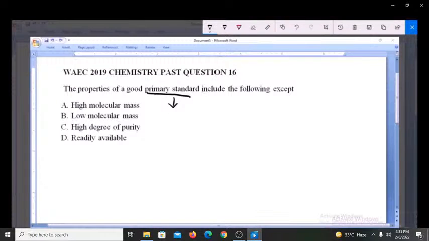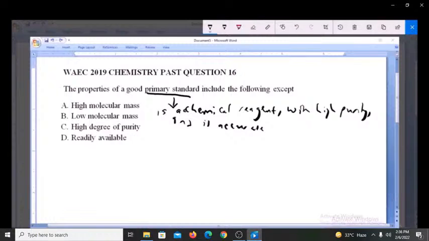A primary standard is a chemical reagent that has high purity and is sufficiently accurate such that it is not calibrated by another reagent.